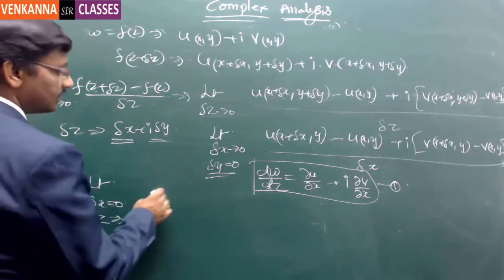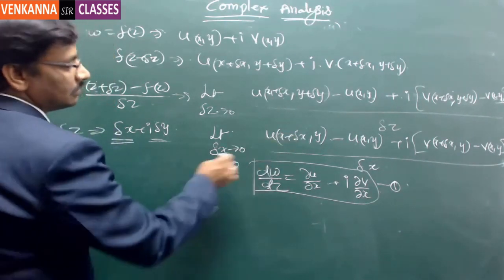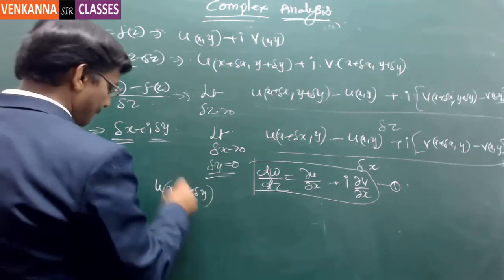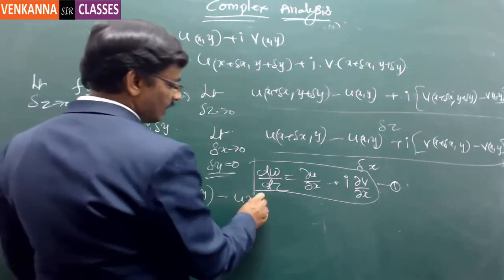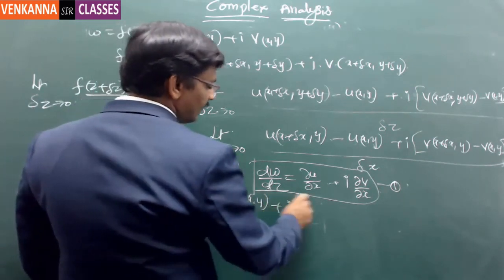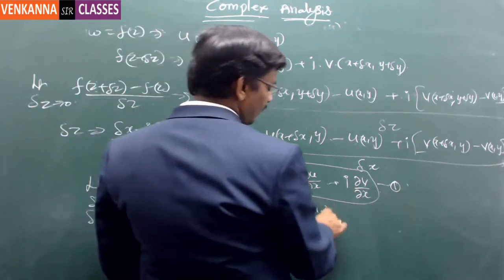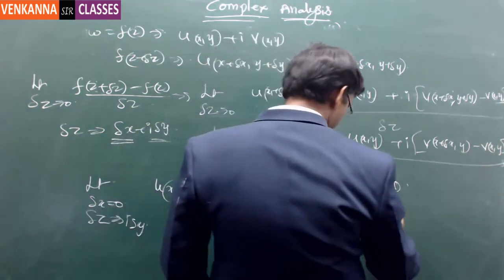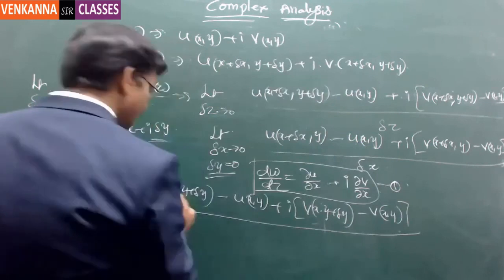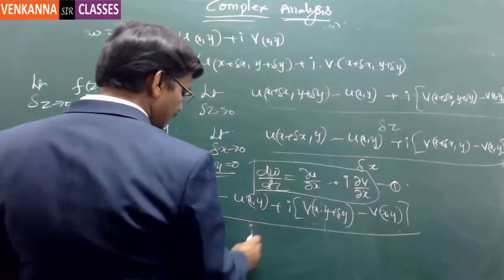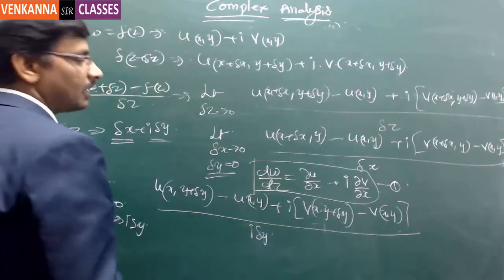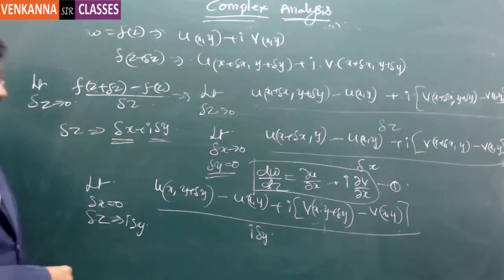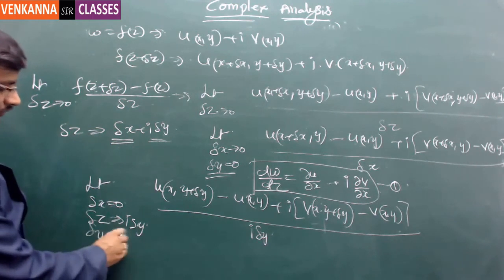That means this is u of x comma y plus delta y minus u of x comma y plus I times of v of x comma y plus delta y minus v of x comma y divided by delta z. I change this as I delta y because delta x is equal to 0, right? Then this is delta y tending to 0.